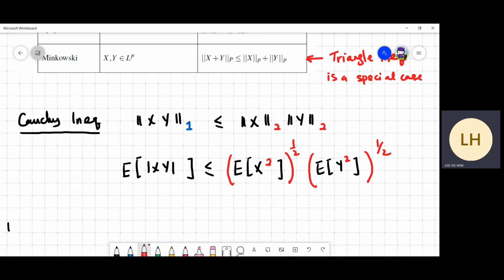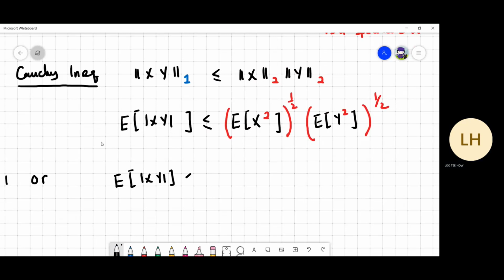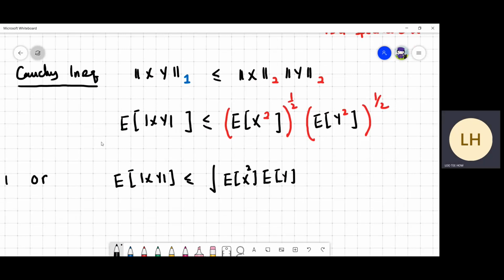We can express this in terms of a square root or a square. Alternately, you may express it as E of xy less than or equal to the square root of E of x squared multiplied by E of y squared.